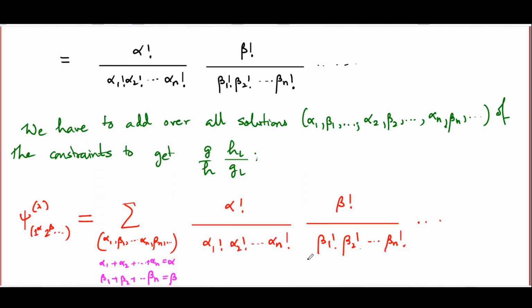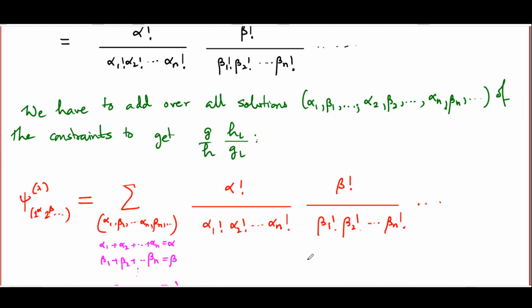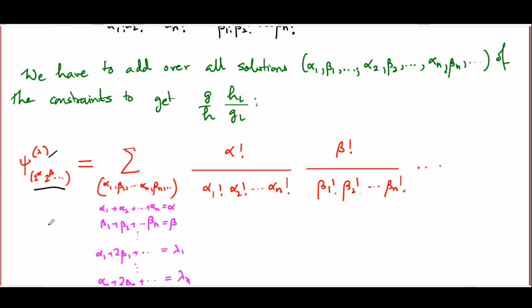And therefore, our compound character psi corresponding to the partition lambda in the class given by the cycle structure 1 to the alpha, 2 to the beta, etc. is given by the following formula.